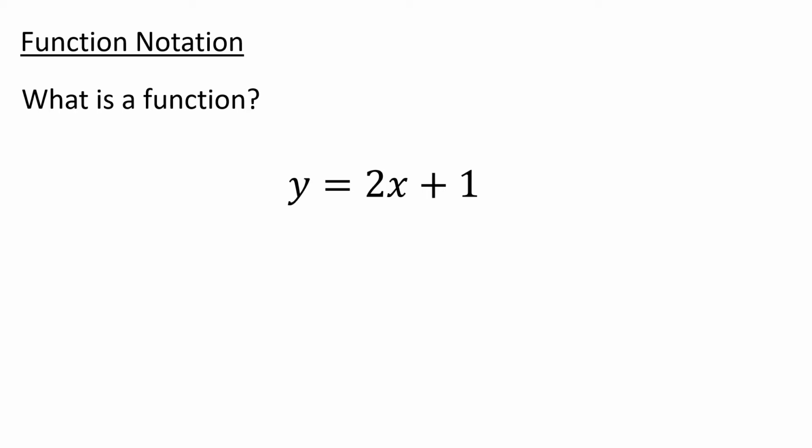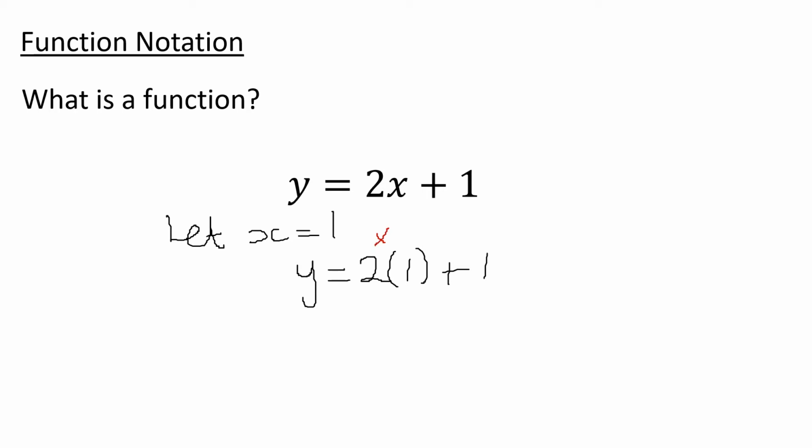So if we let x equal 1, hopefully you would write y equals 2 times 1, and we're adding the 1. We need to remember here, we've written it in brackets, but it actually just means that we're timesing them together.